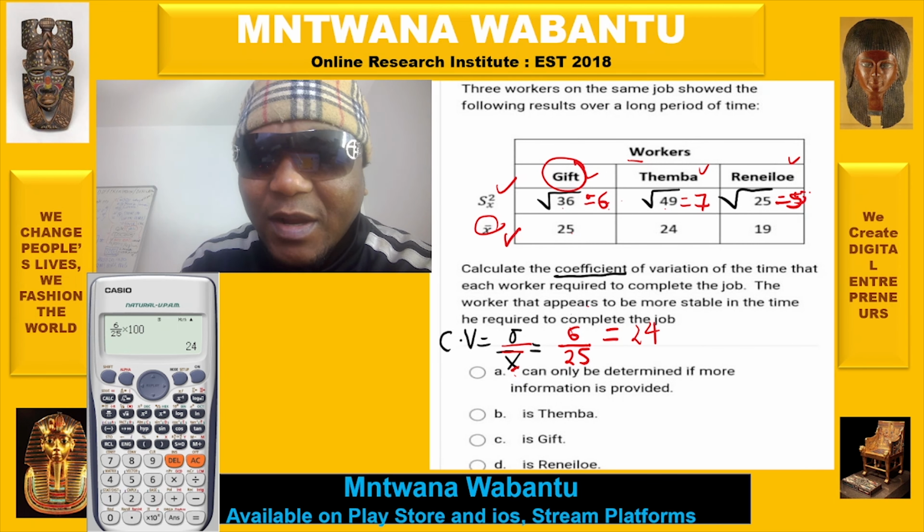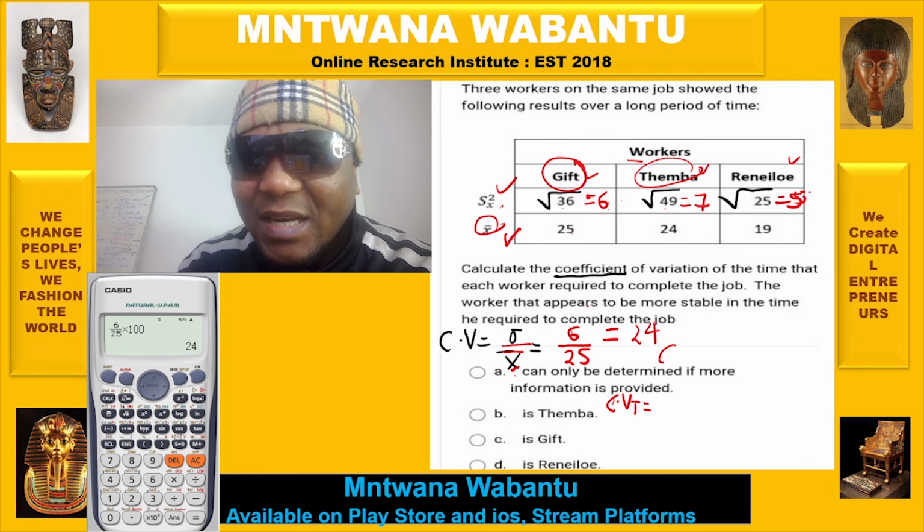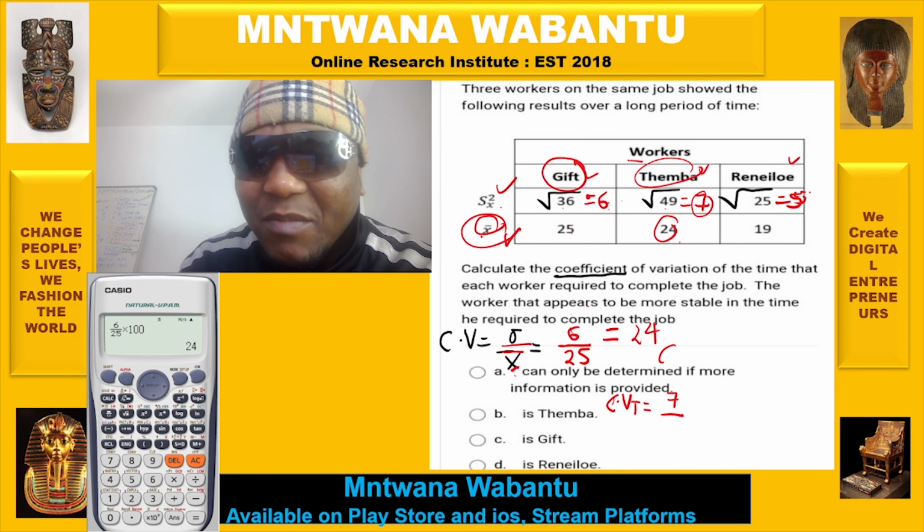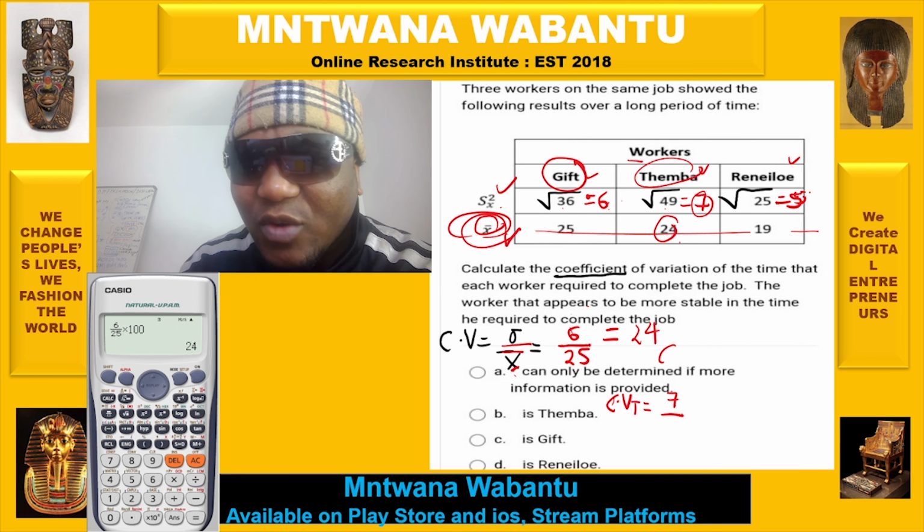Now we're going to go to the coefficient of variation for Temba. Take your standard deviation, which is 7, and then divide by the mean. Standard deviation equals 7, divided by our mean, because these are means, all this row is mean, 24. Remember to multiply by 100.